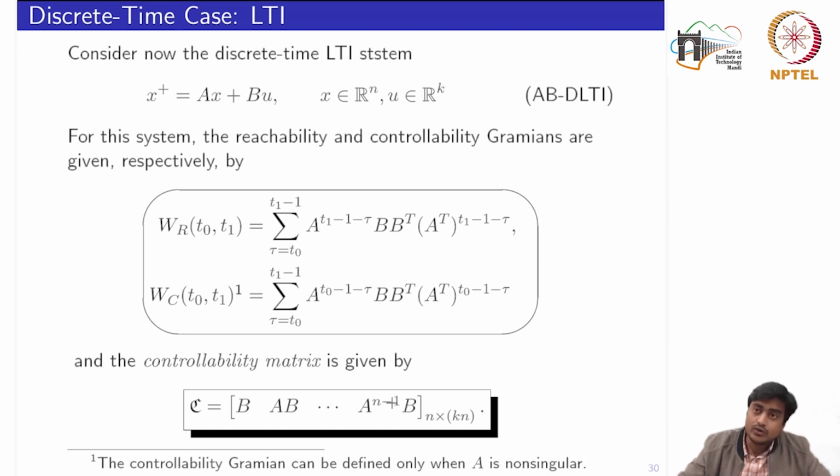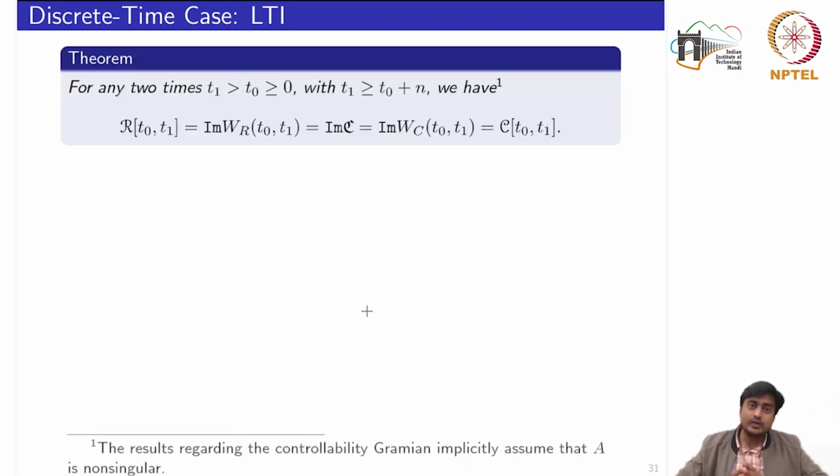In addition, we define the controllability matrix, and we set up a relationship between the Gramians and the controllability matrix. This was one of the key results where we have shown the equivalence between all the subspaces formed by the reachable subspace, its characterization with the help of the Gramians, and for the LTI case the controllability matrix, and we have shown the equivalence of all the subspaces.